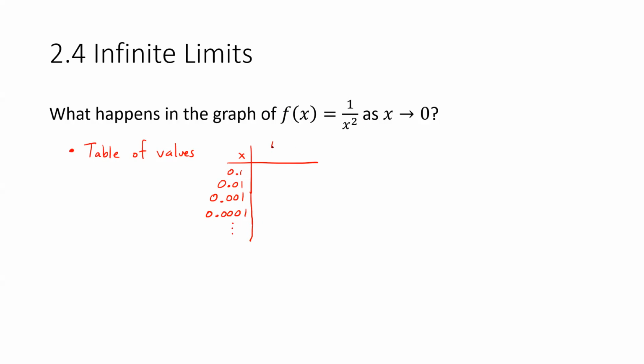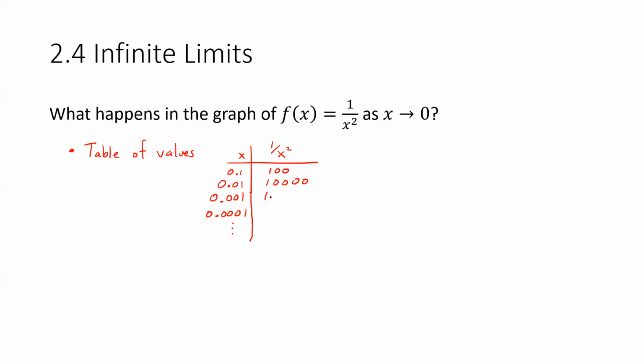So what happens to 1 over x squared? Well, we can think about that. 0.1 squared would be 0.01, so then 1 over 0.01 would be 100. 1 over 0.01 squared would be 0.0001, so you get 10,000 now, right?